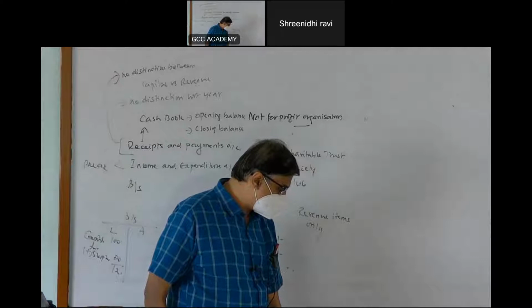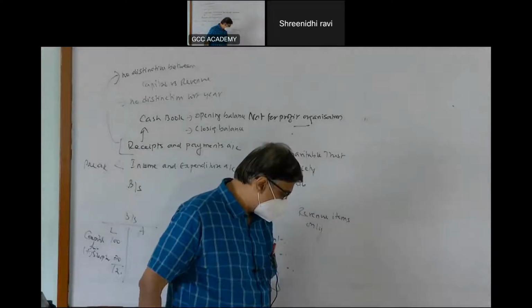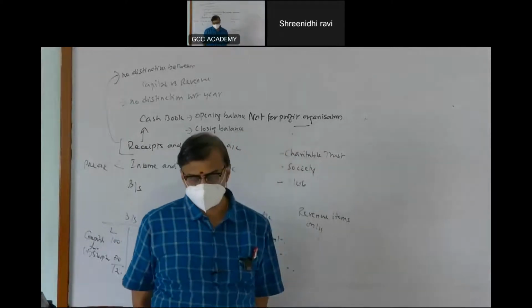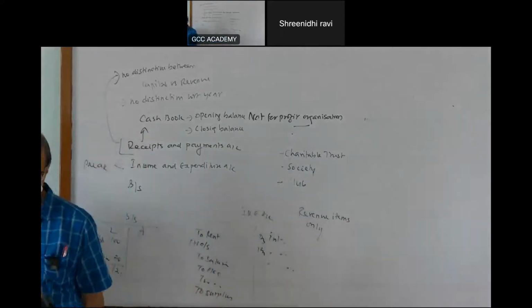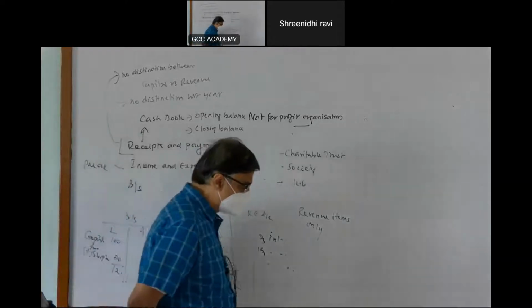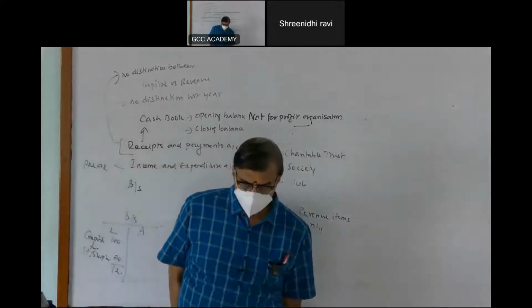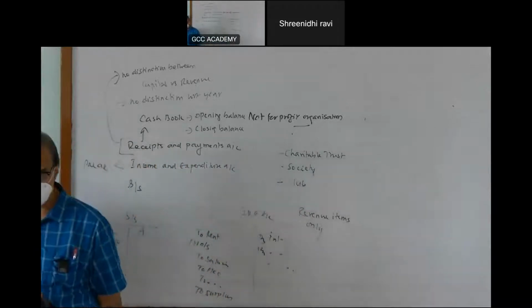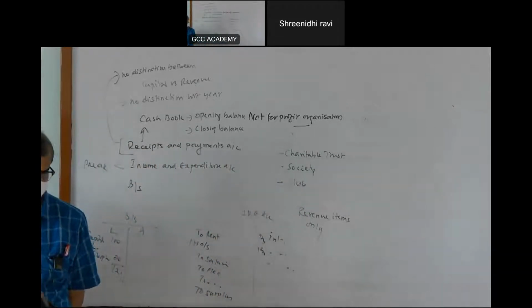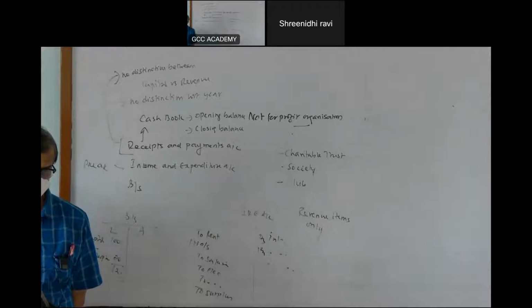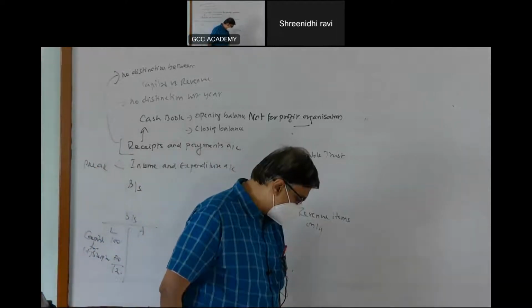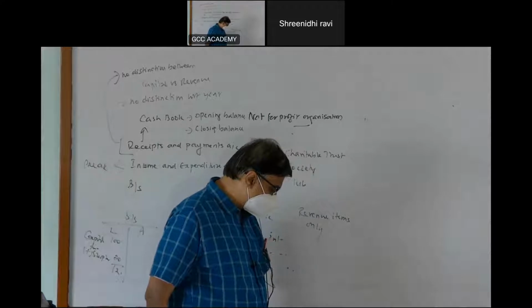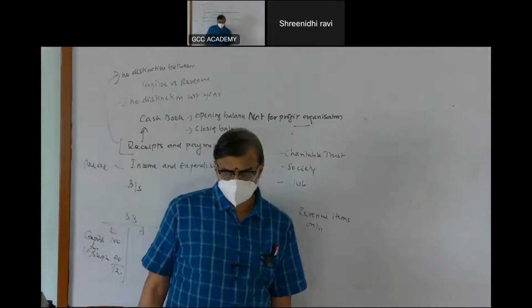In case of a non-profit organization, there will be donations, which are a major revenue, and subscriptions. General points: in case of a non-profit organization, you will have revenue income primarily in the form of subscriptions and donations. And donations can be broadly classified into two.